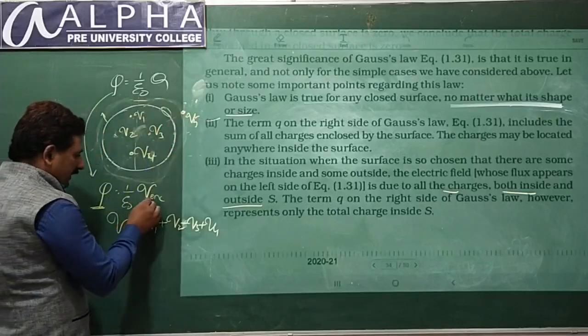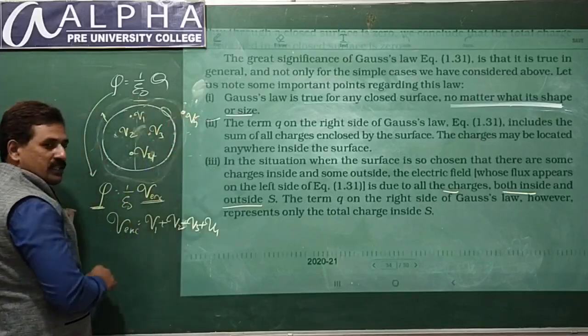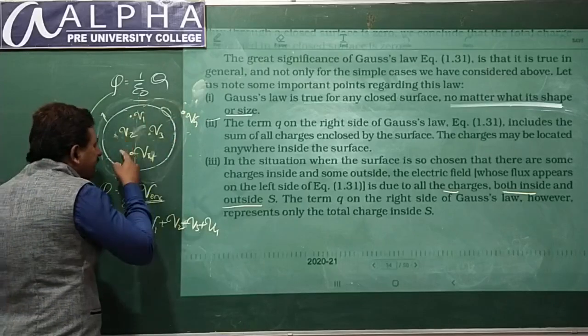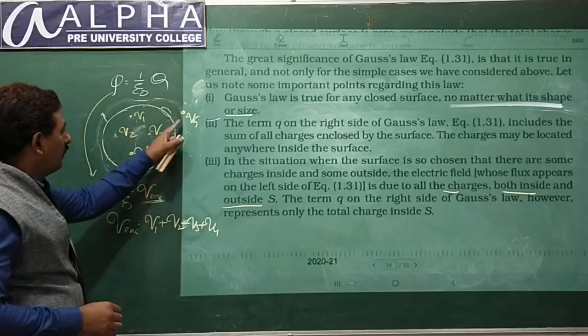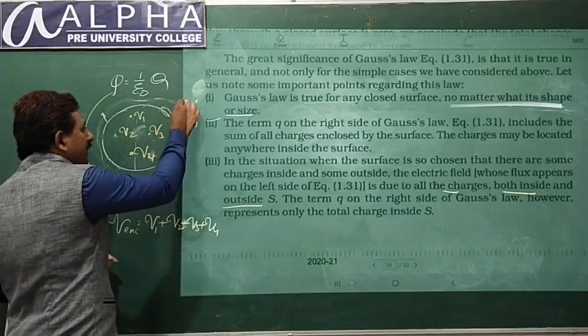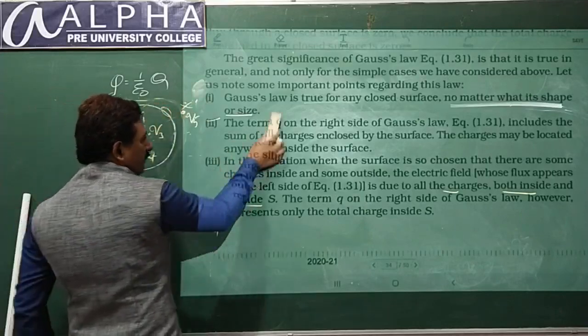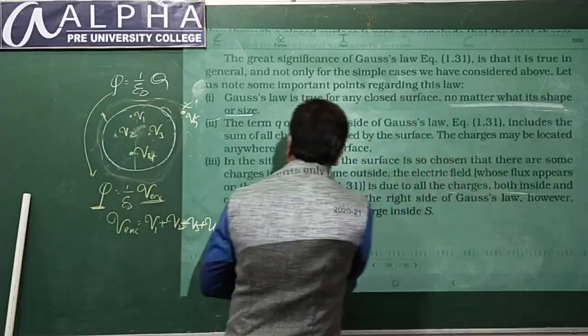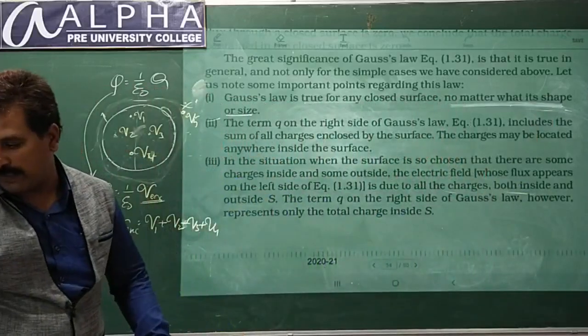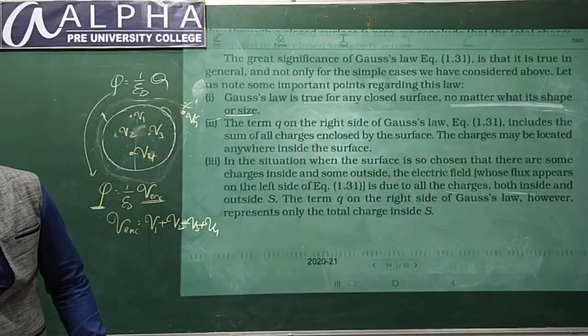But when you are writing the right side term, enclosed charge, only charges inside the sphere must be considered, not outside. You should not consider this point. Remember this. As it is, you think and remember. Very, very important, students. Next, we will go to the next page. What it says, 3 more points.